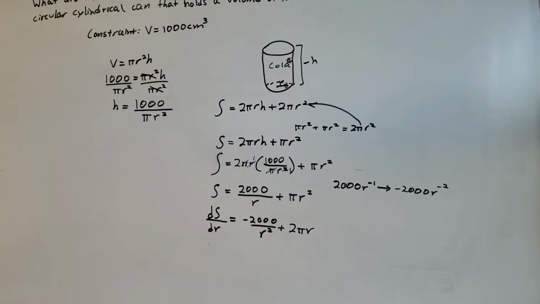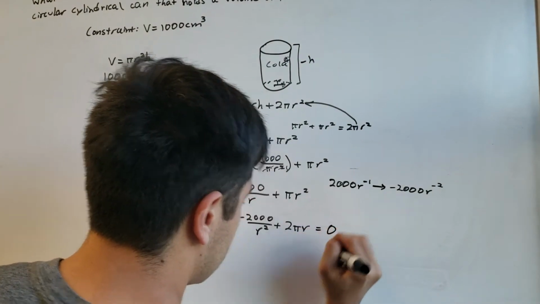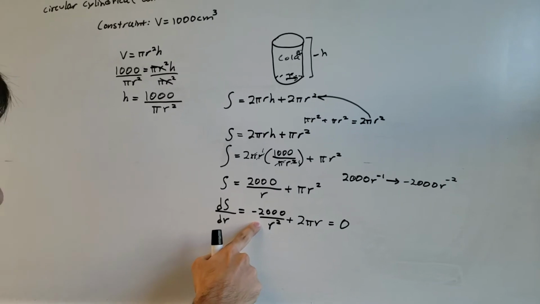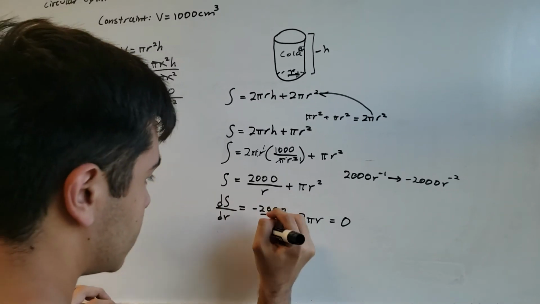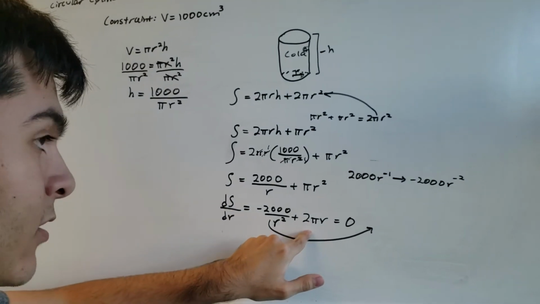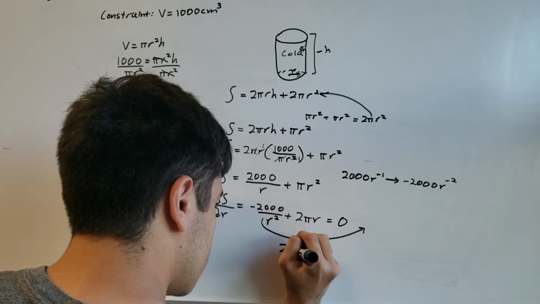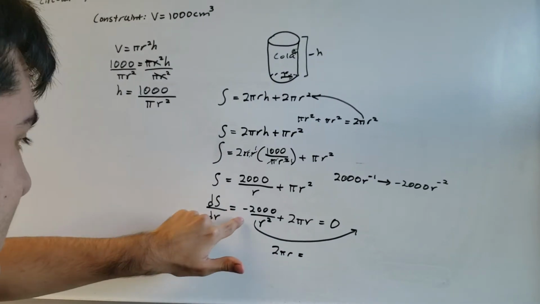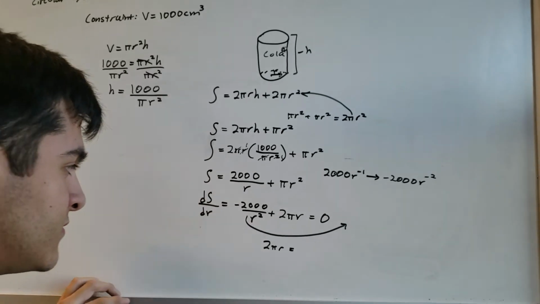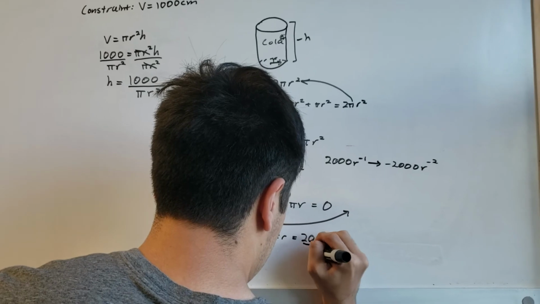After we take our derivative, we set it equal to 0 and solve for r. What I'm going to do is add this negative 2,000 over r squared to the other side. So we have this 2 pi r that stays where it is, and when we move the negative 2,000 over r squared to the other side of the equation, it becomes positive, so it's 2,000 over r squared.